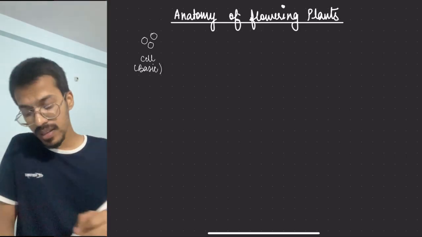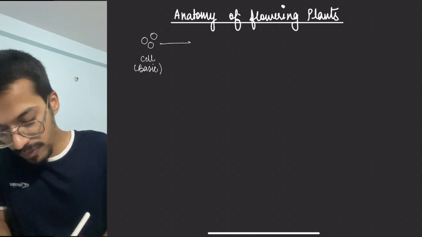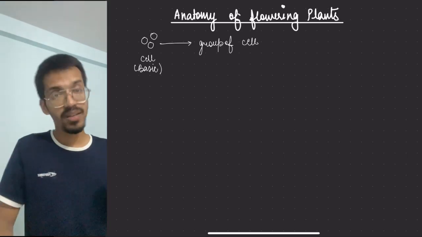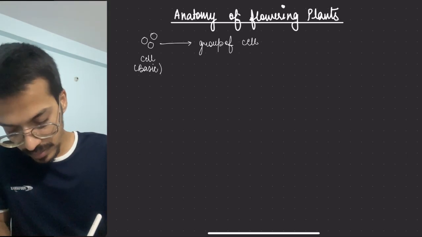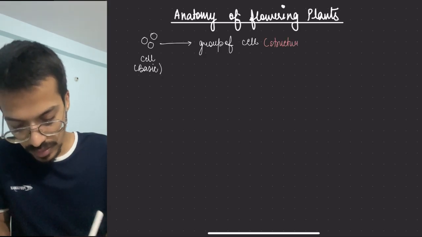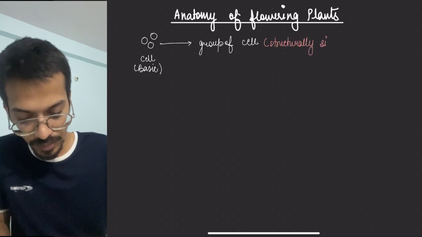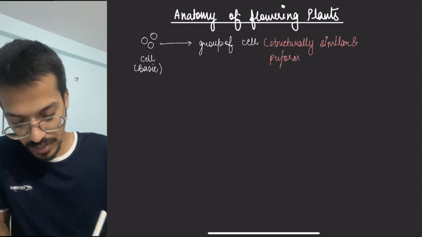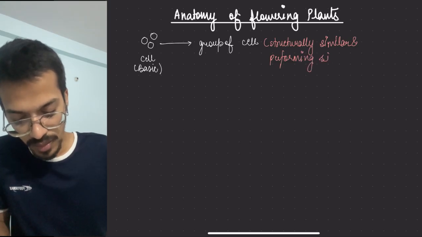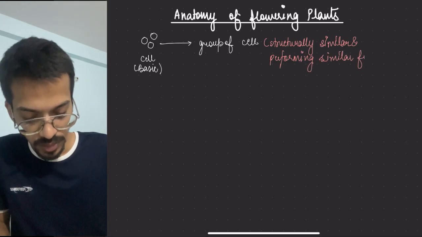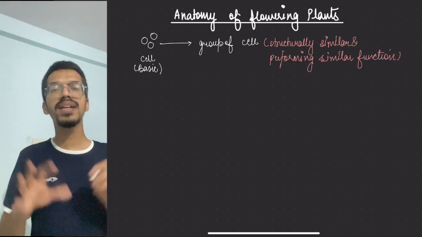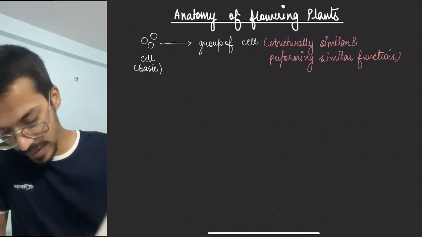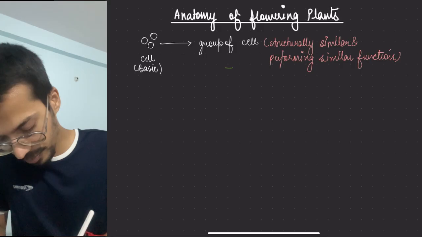Then, when there is a group of cells that are structurally similar and performing a similar function, we call that group a tissue.